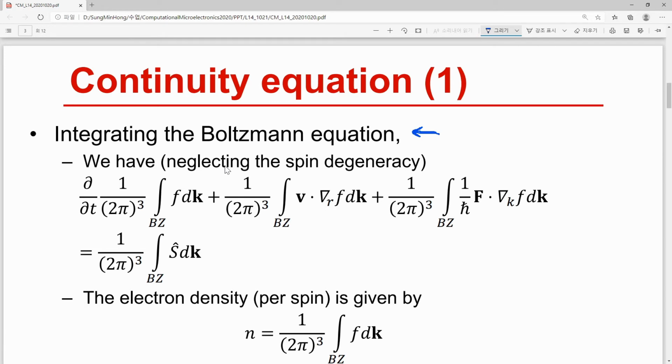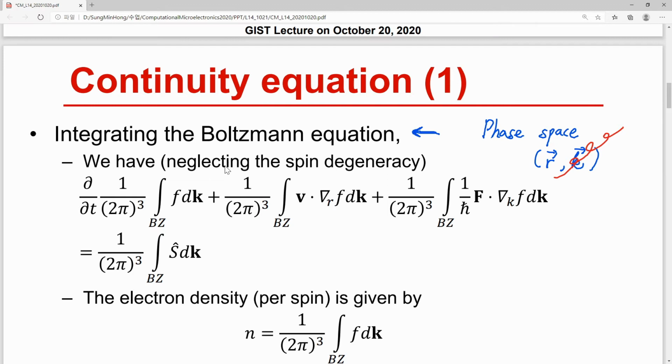The Boltzmann equation is defined on phase space, so it has information on real space and momentum space. But our aim is actually just to kick out certain information about momentum space, so eventually we keep only the real space dependencies.